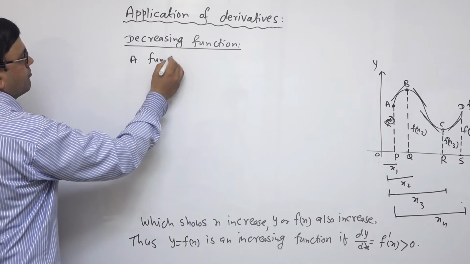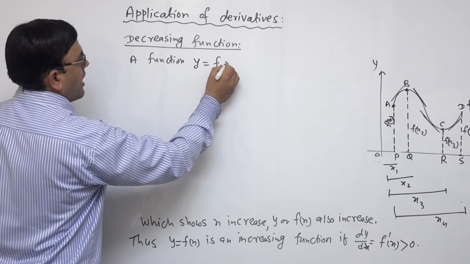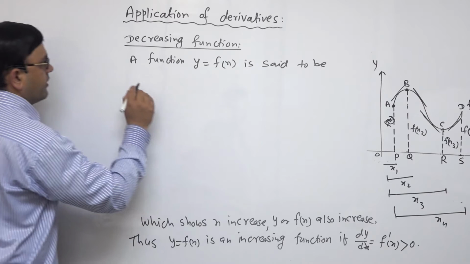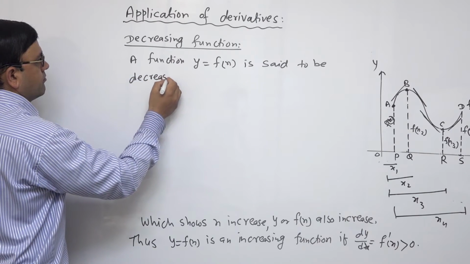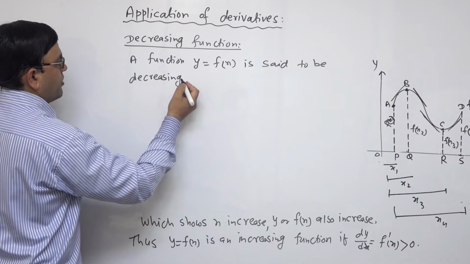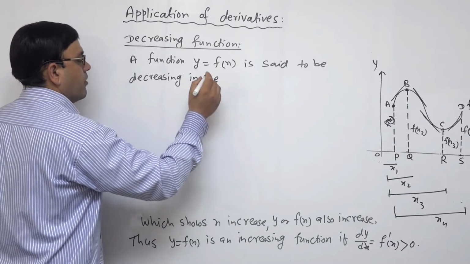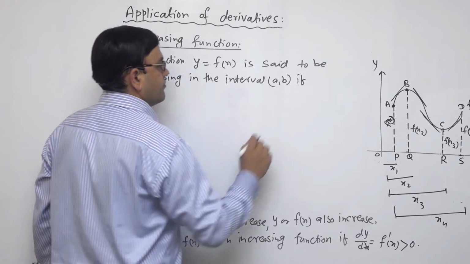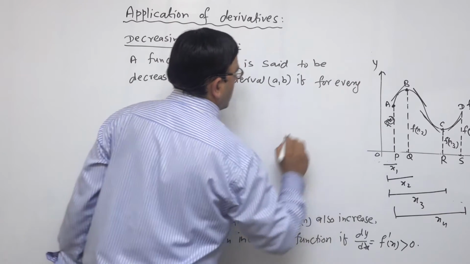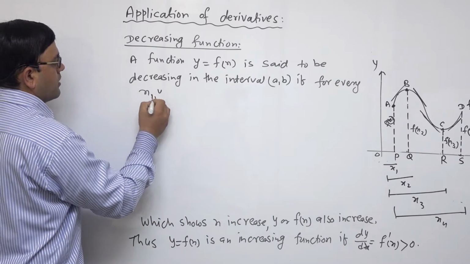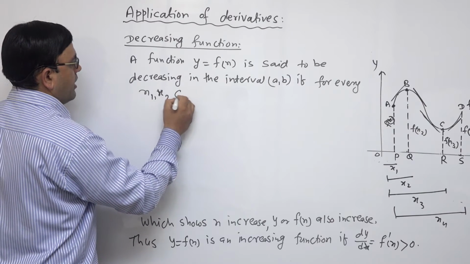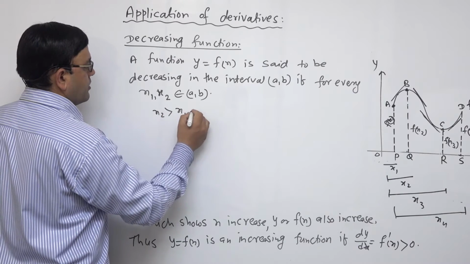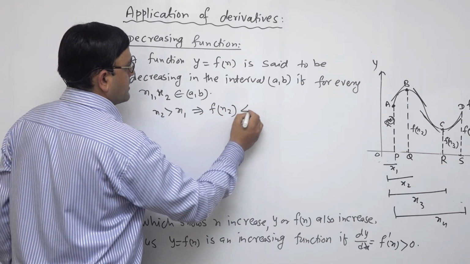A function y is equal to f(x) is said to be decreasing in the interval AB if for every x1, x2 belonging to AB, that is x2 is greater than x1, which implies f(x2) is less than f(x1).